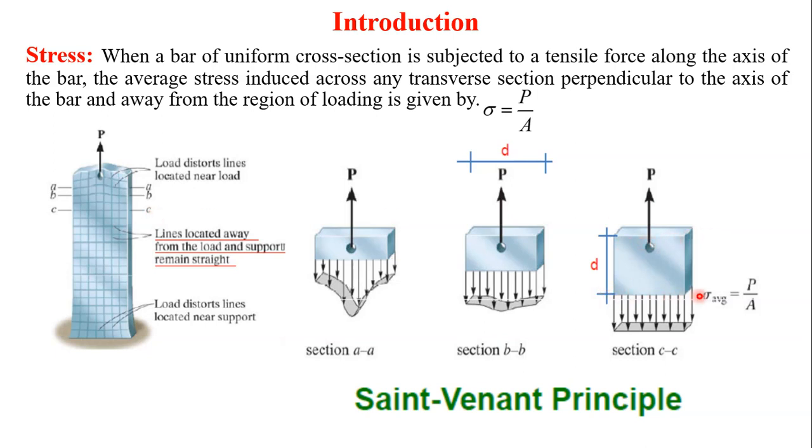Now this section CC is taken at a distance D from the point of application of load or region of loading, where D stands for width of the bar or depth of the section. And at this section the stress developed is equal to P upon A.